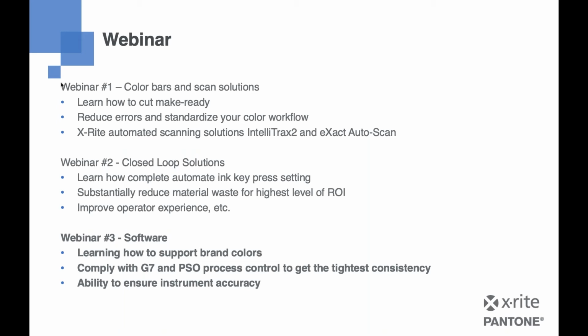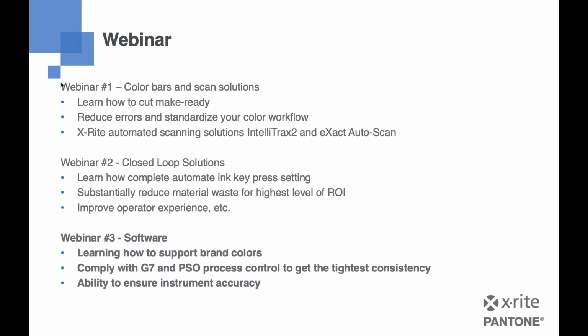So as Robert mentioned, this is the third webinar in our row of webinars. Before, Kiel Harder covered how to do color bars and covered more the hardware side of our scanning solutions, and then Scott Herrick spoke about closed loop solutions and how you can save material waste and time with those solutions. And the webinar I'm covering today is mainly about the software which is used with the scanning solutions.